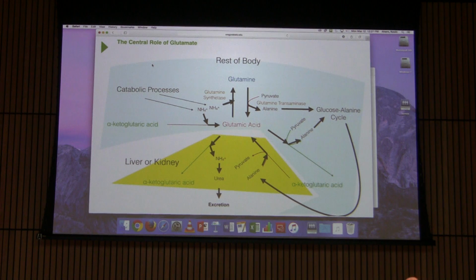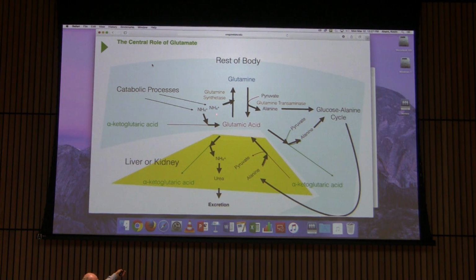If we want to convert glutamine back to glutamic acid, it's a transamination. Okay? And that's catalyzed by glutamine transaminase. If we have a transamination, remember we have to have an acceptor molecule. Here, this ammonium ion just came from the solution. There was no donor, at least no direct donor, for this enzyme.